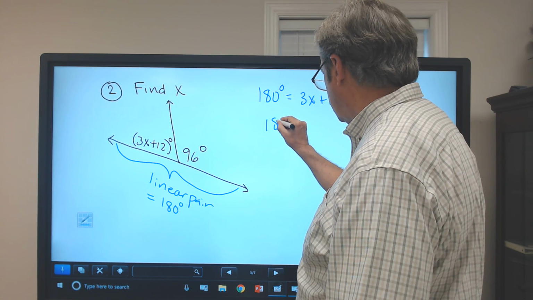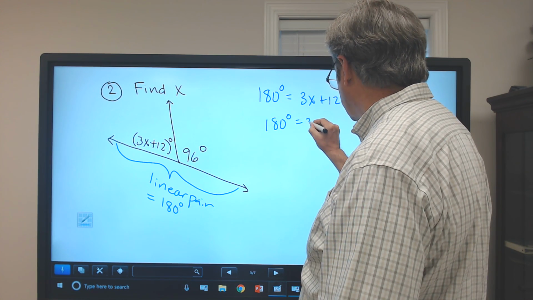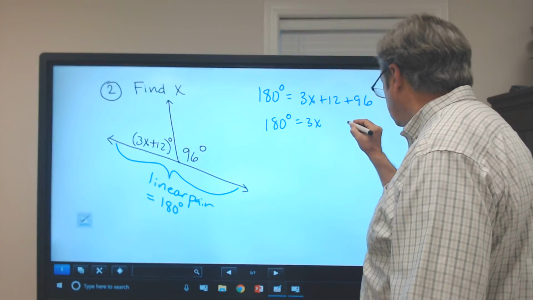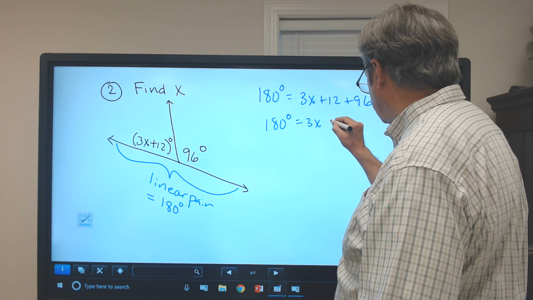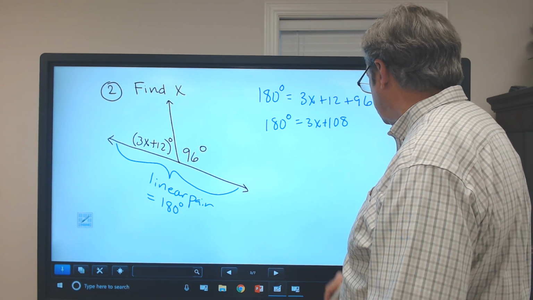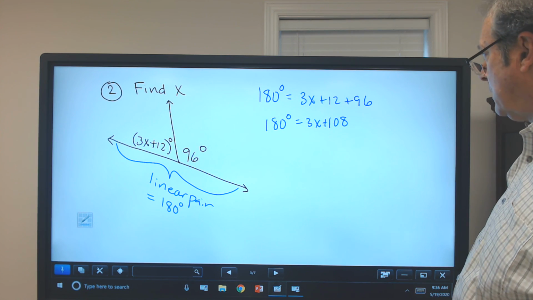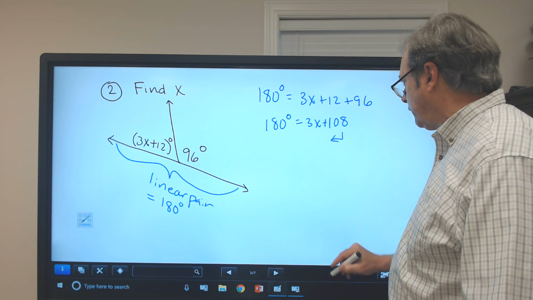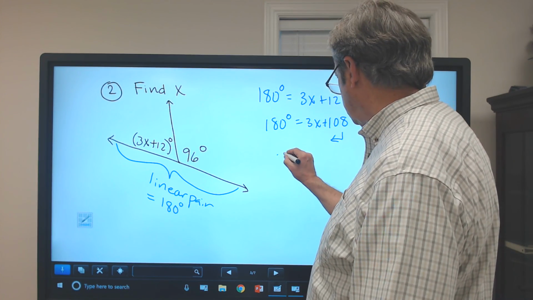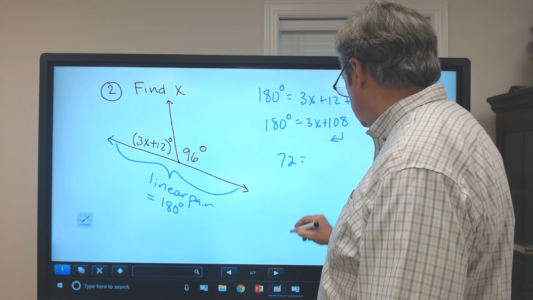And so we get 180 degrees is equal to 3x plus, let's see, that's going to be 108. And we'll subtract 108 from both sides, and that would give us 72 over here. I hope I'm doing this right.